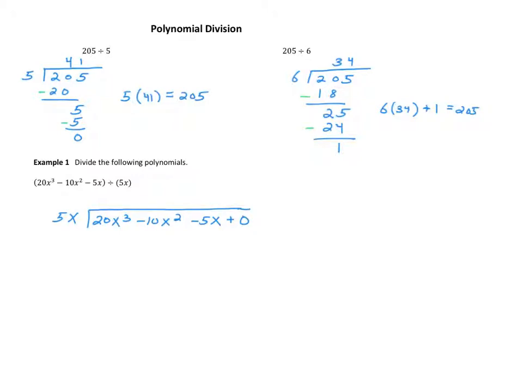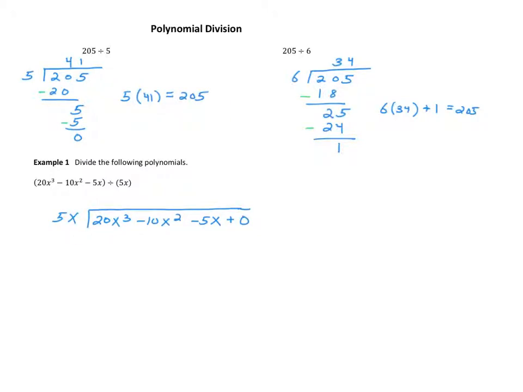Anyway, the goal is to now cancel 20x cubed, and we're going to multiply something to 5x to get to 20x cubed. So just like up here we had to make a choice, it's our choice to figure out what that is. I know 4 times 5 gives me 20, and an x squared times an x to the first would give me x cubed.